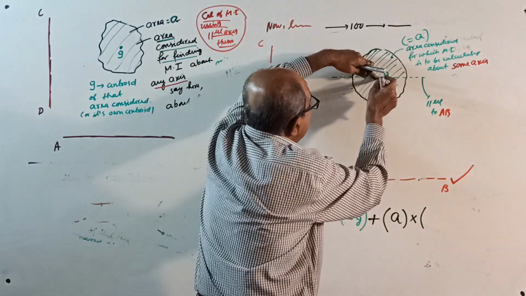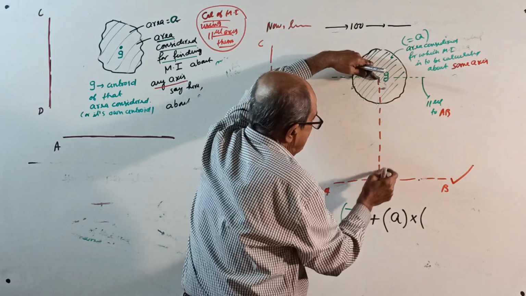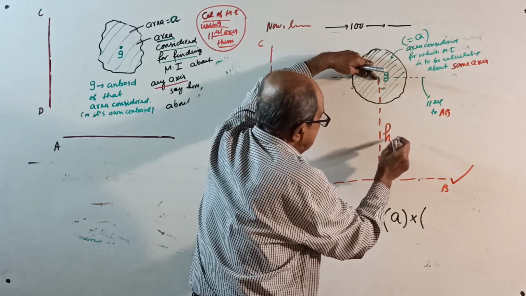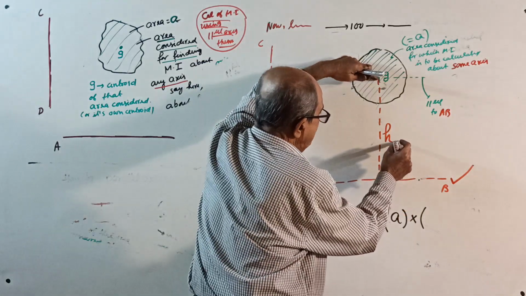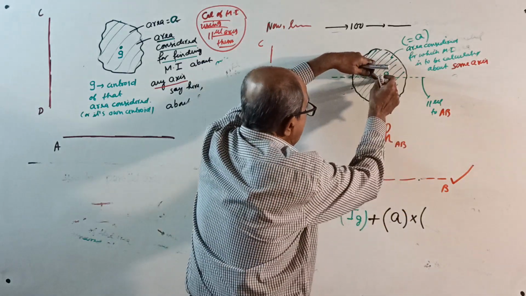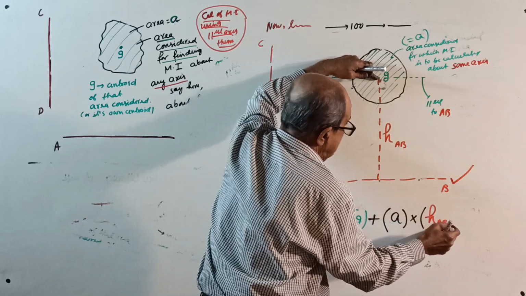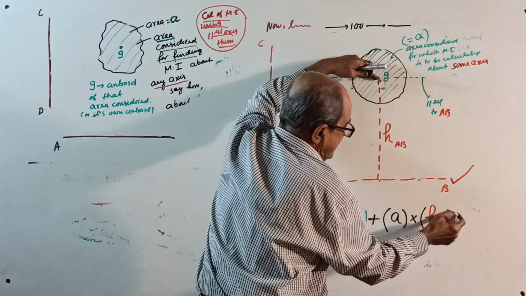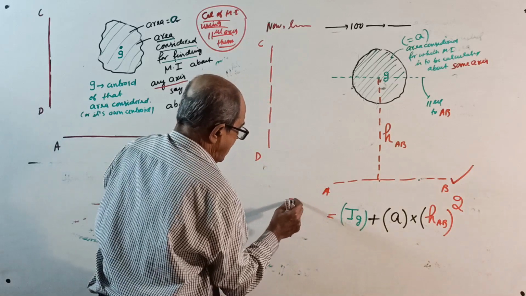From that point, you drop a perpendicular to this axis. I will call it H, or H to AB. Drop a perpendicular H to AB. You find this distance and then, without forgetting square, this will give you I about AB.